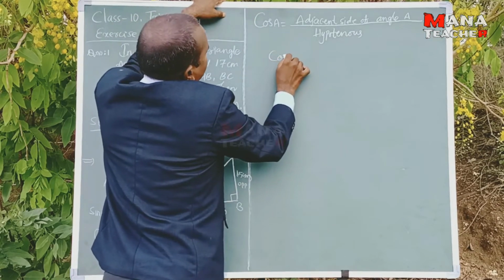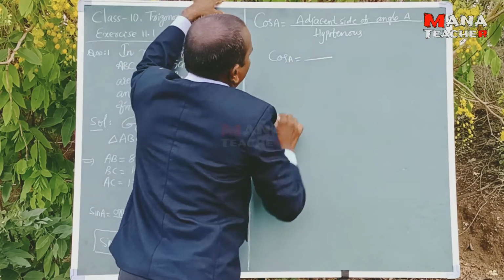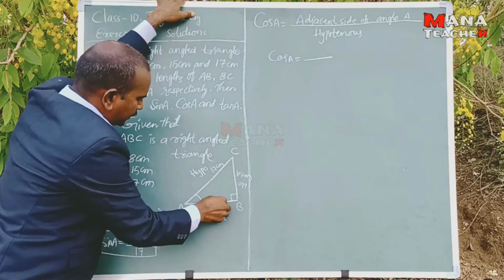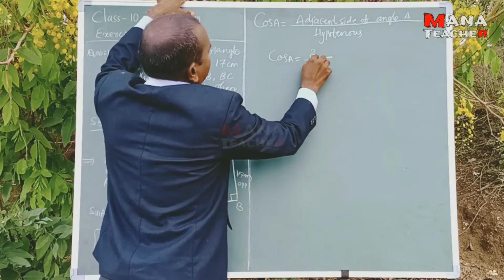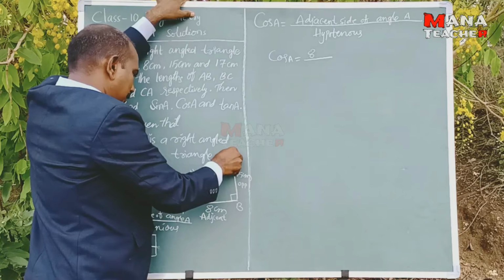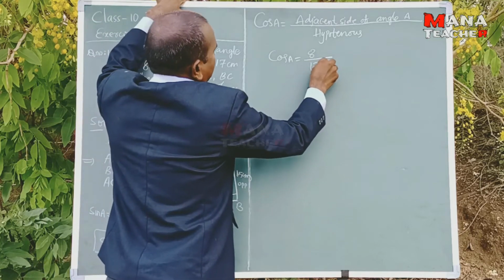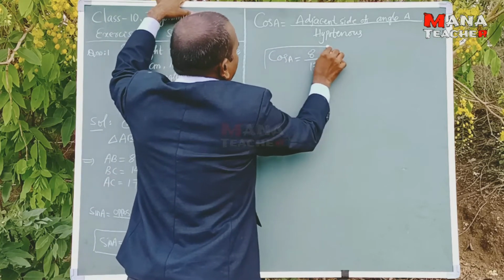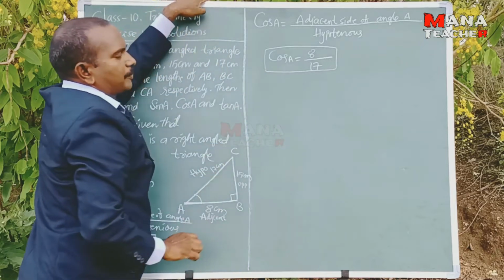Cos A equals adjacent 8 centimeter by hypotenuse 17 centimeter. So 8 by 17 is cos A.